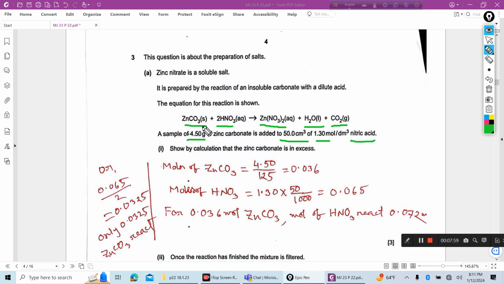So here the zinc carbonate mass is given and the nitric acid volume and concentration are given. You have to show by calculation that zinc carbonate is in excess. You have to prove it.